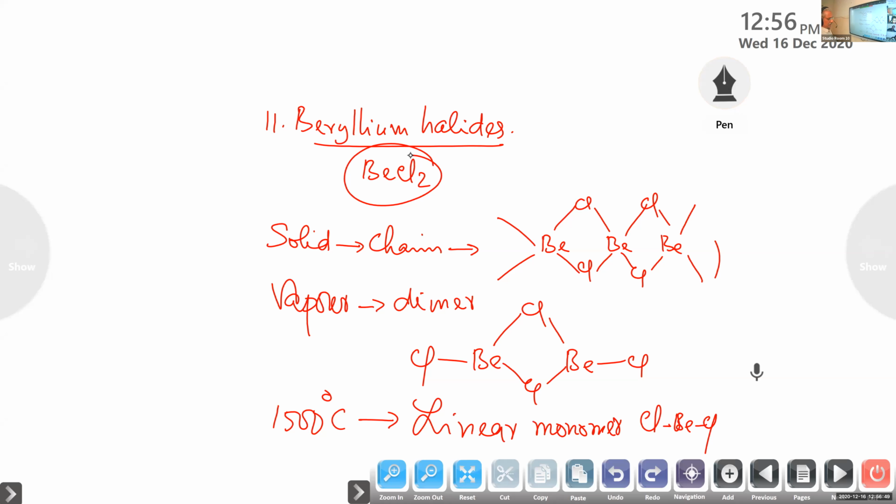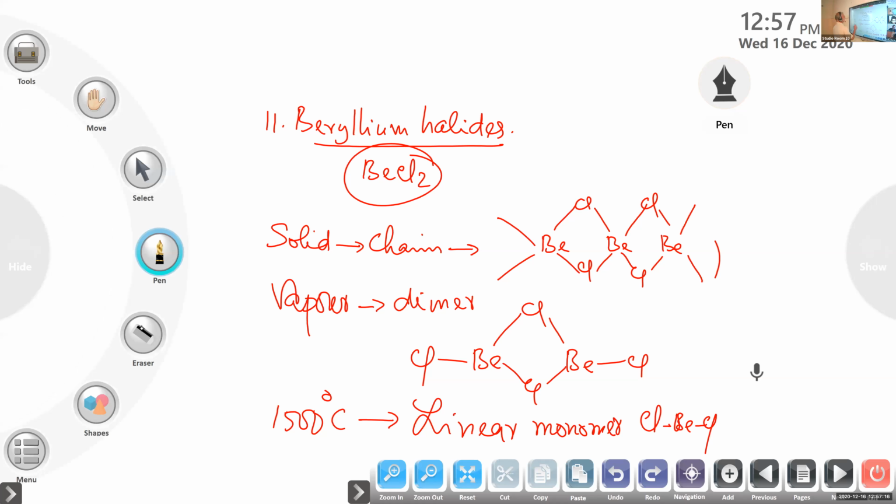The monomer is a linear molecule. But in the vapor phase, that is less than 1500 degrees Celsius, beryllium chloride exists as a dimer. Let us see the solubility of the sulfates.